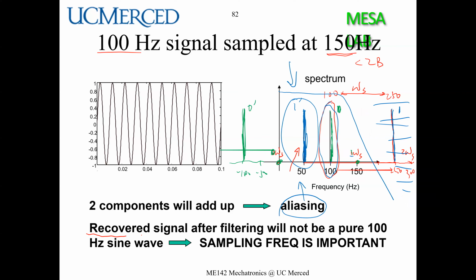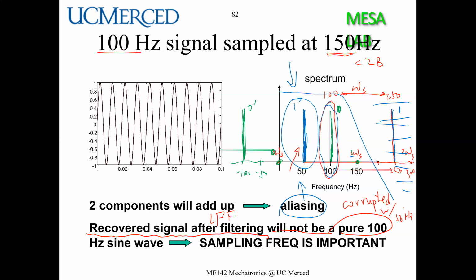So then you try to recover this signal after low pass filtering. It's not possible. You will never get 100 hertz back because it's corrupted with a 50 hertz. So it's not going to come back.